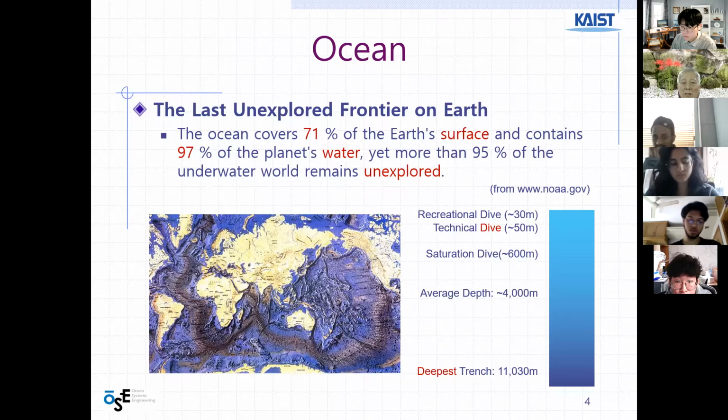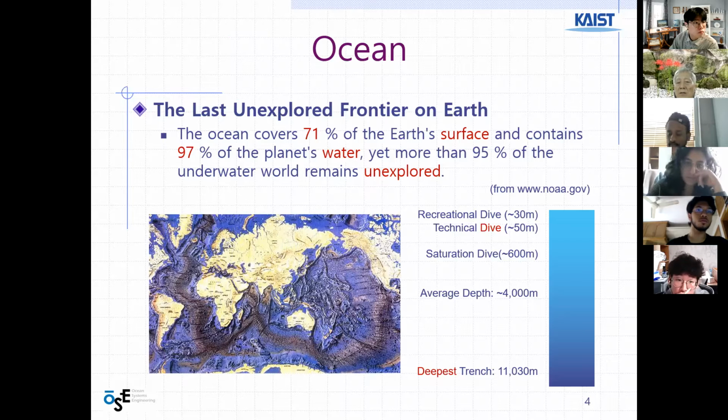And then there is a map at the left bottom. You can see the colors. It looks like mountains, terrains, right? It is depths. The right-hand side shows depths with interest. 30 meters is a recreational dive. So you may have heard about skin diving. And then up to 50 meters is a technical dive, meaning professional.